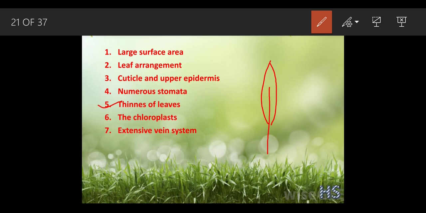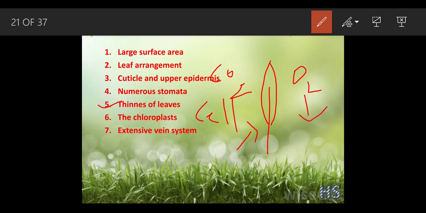The cells present inside this leaf have to travel a short distance, so it becomes very easy for carbon dioxide to diffuse in and oxygen to diffuse out.